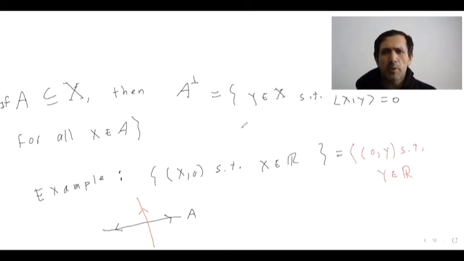Then A perp, sorry, I should say perpendicular, it's not a symbol here. Yeah, so if this is A here, then A perp is just going to be, well, basically all vectors, basically the y-axis.